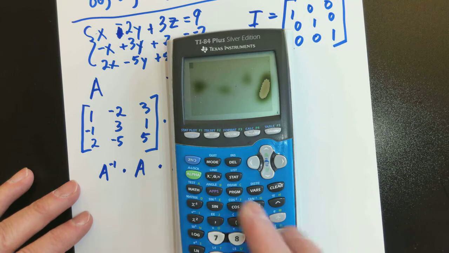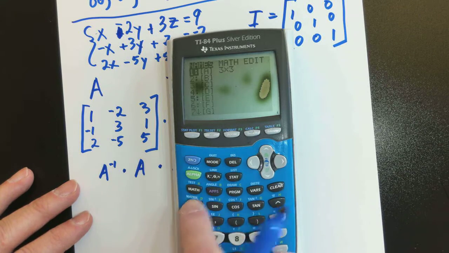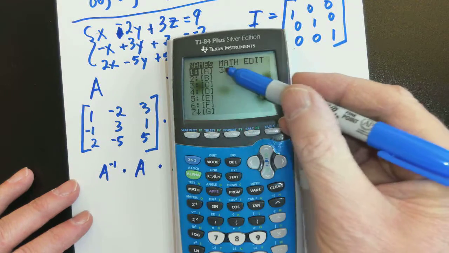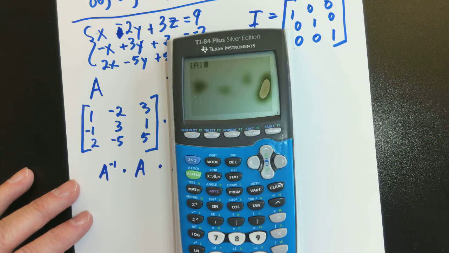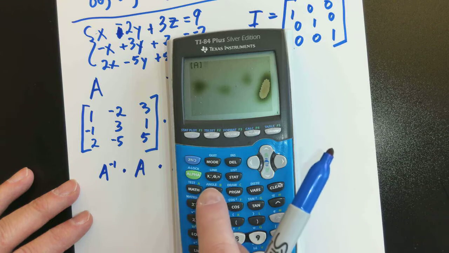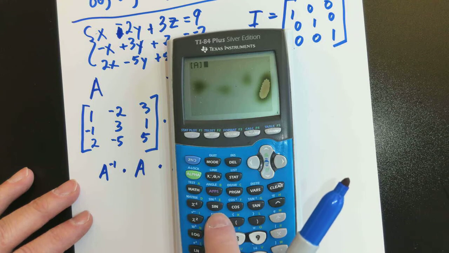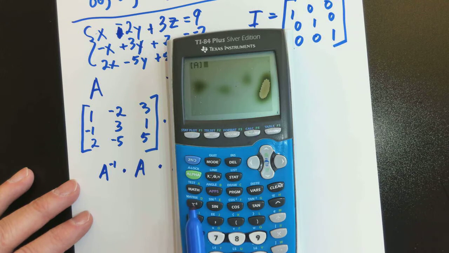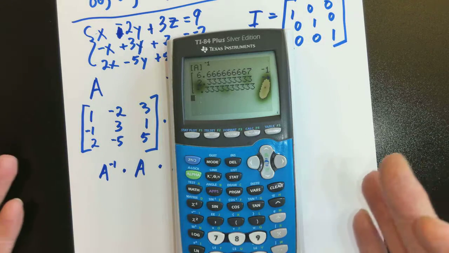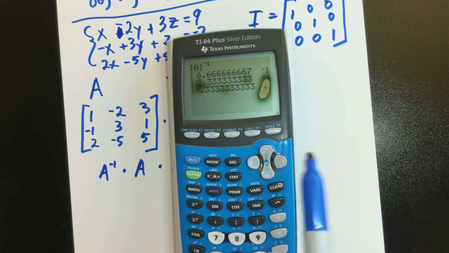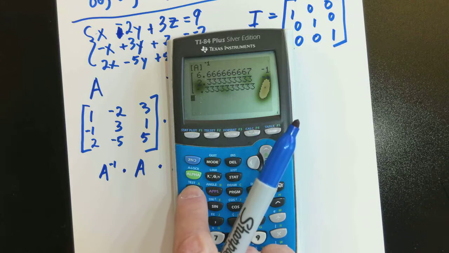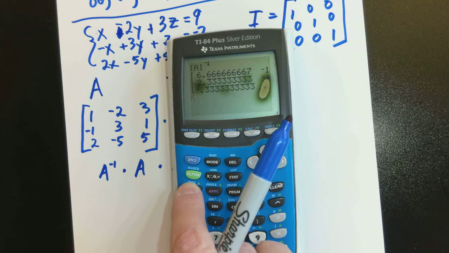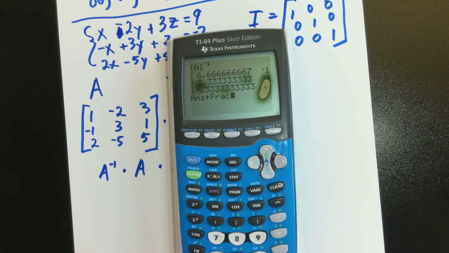And now I'm going to go back to the matrix, second matrix, and in A I've got this 3 by 3 matrix, and I'm going to find the inverse of it, which I just take this matrix and hit the x to the negative first button and hit enter. Now we got a decimal here. I'm going to change this to a fraction. So I'm going to hit math, convert to a fraction, and hit enter.